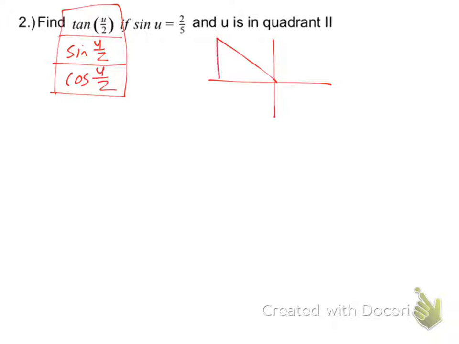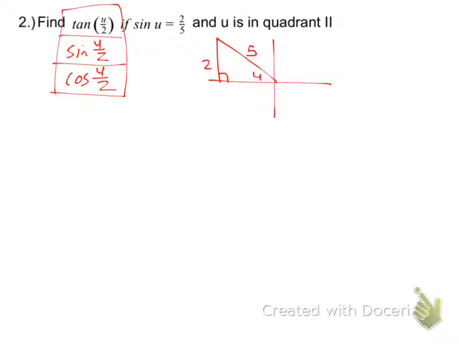So our triangle, because sine of u is equal to 2/5, there's u. Sine is opposite over hypotenuse. So can you solve for the third side? Or the second side, one of the sides.